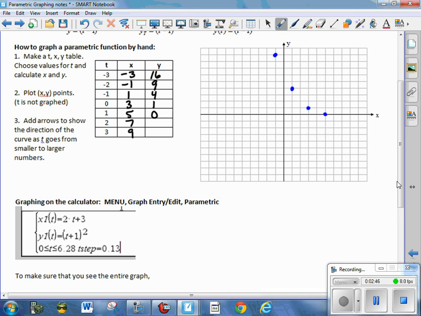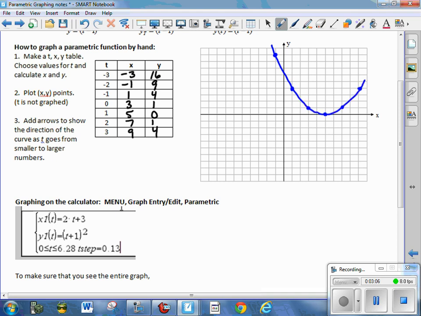This is supposed to be a 1 and a 4, sorry about that. 7, 1, and let me plot that in the right place. 7, 1, and 9, 4. And you can see this is a parabola, or at least it appears to be, and it is a parabola.